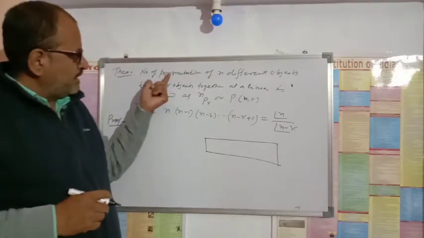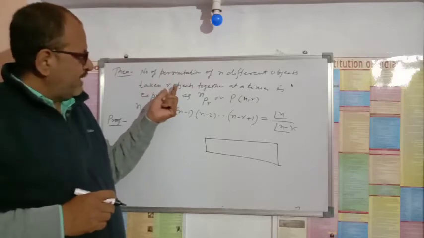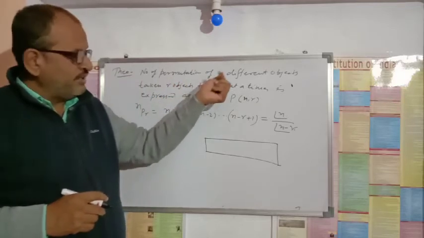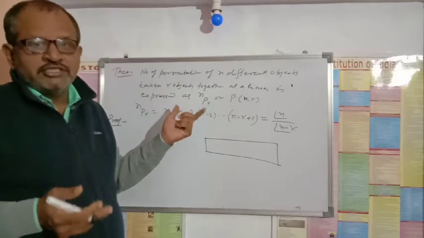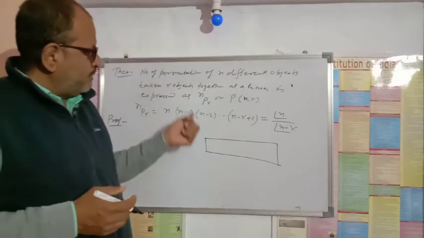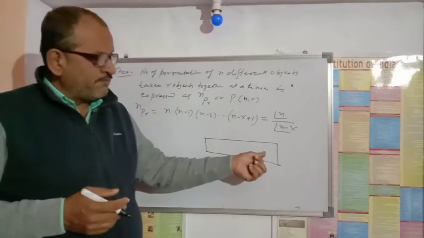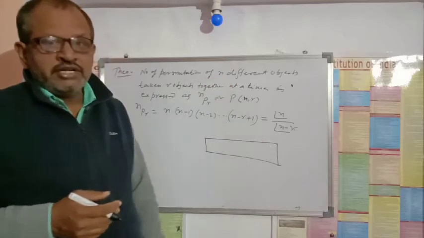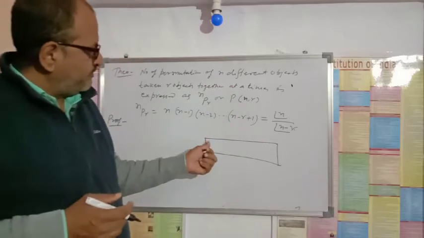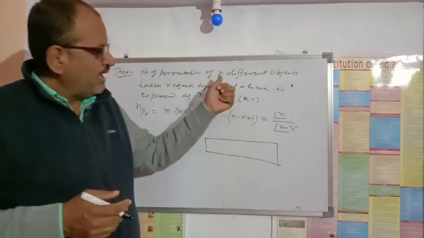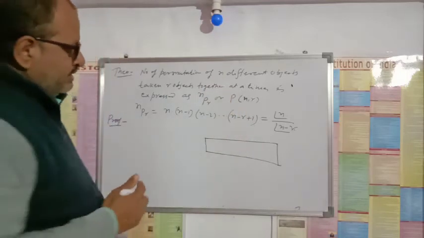So how can we fill r vacant places by n different objects?